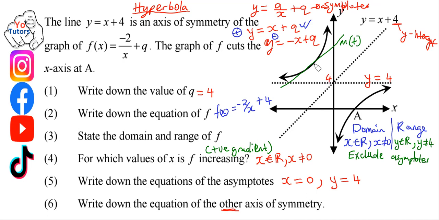This line will still pass through this point here. And what do we know about it? We are going to say our line is y equal to negative x plus 4. That's the axis of symmetry, because we just put the negative on the x and we still retain the value of q.